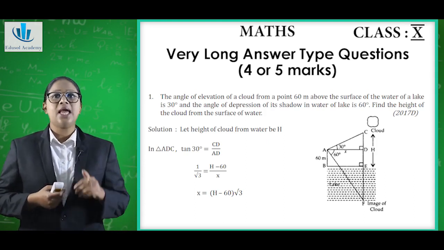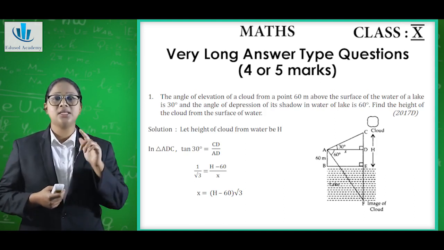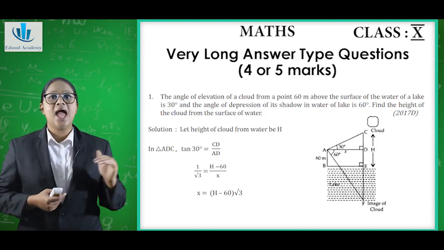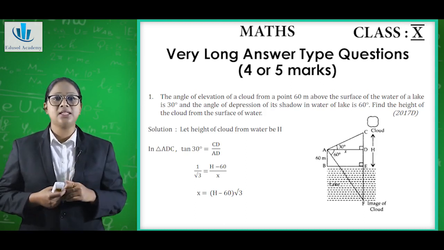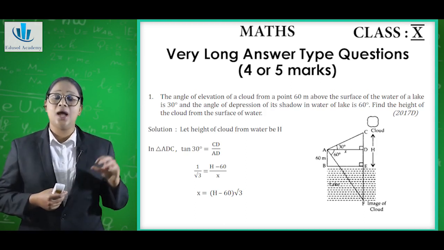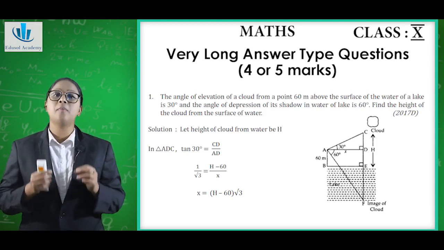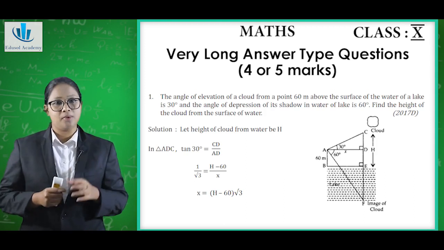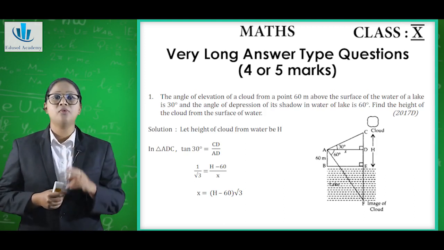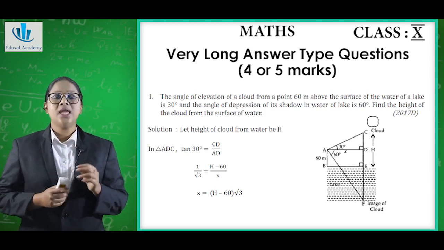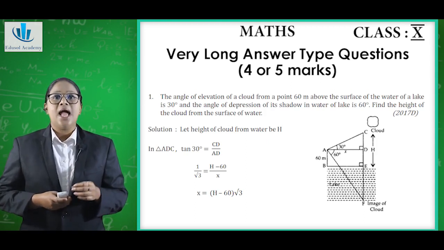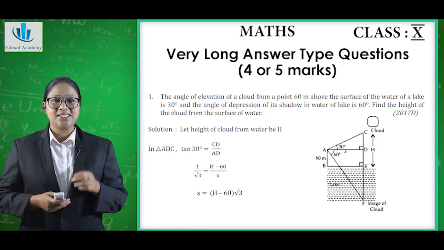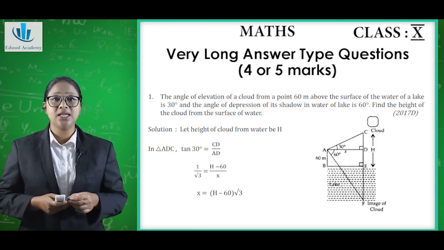So AC and AD are making the 30 degree angle of elevation, and AD and AF are making the 60 degree angle of depression. Always remember this concept while doing the clouds problem. Now we shall begin. We have two triangles. So in triangle ADC, tan 30 degree is equal to CD by AD. Tan 30 is equal to 1 by root 3.